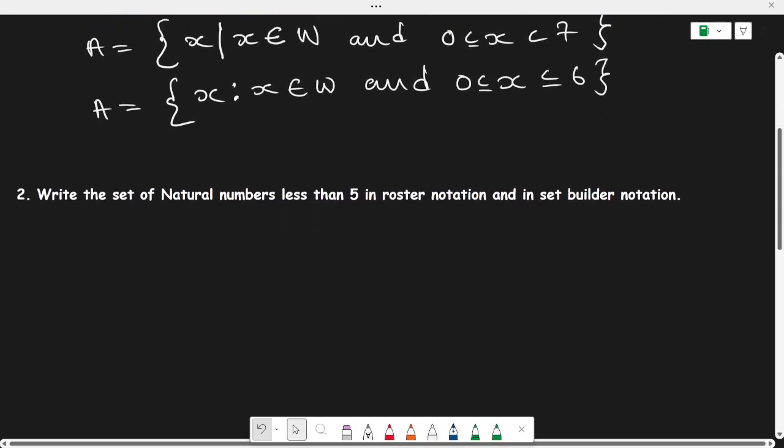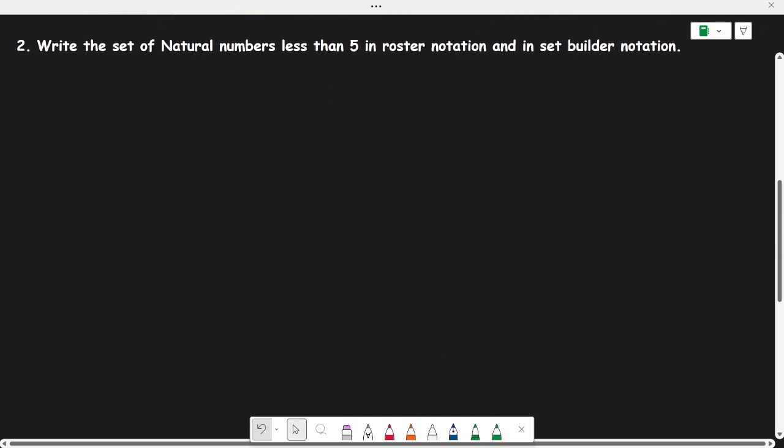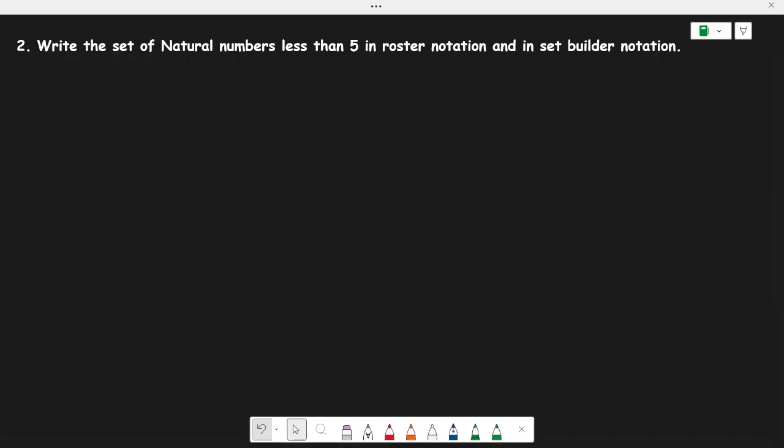Let's try to look at the second question. Question 2 is saying write the set of natural numbers less than 5 in roster notation and in set builder notation. And in the previous video, we said that natural numbers are counting numbers, numbers starting from 1 going upwards.